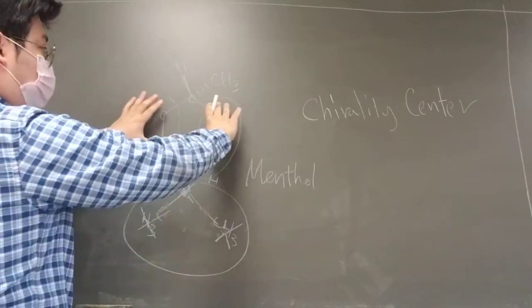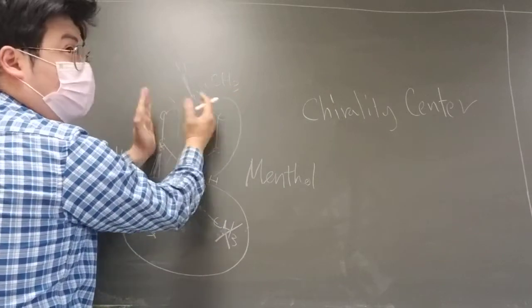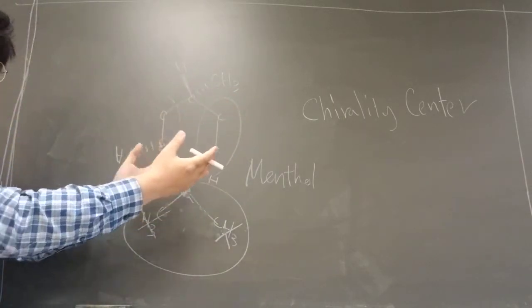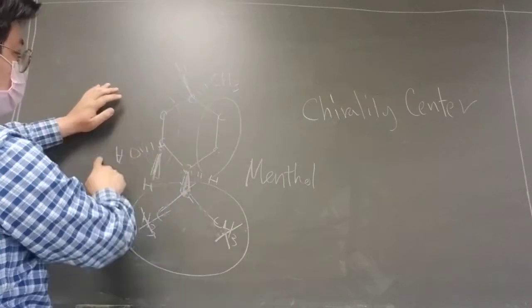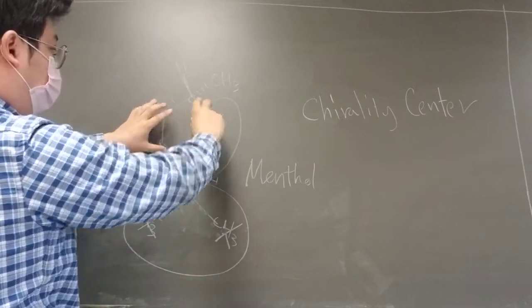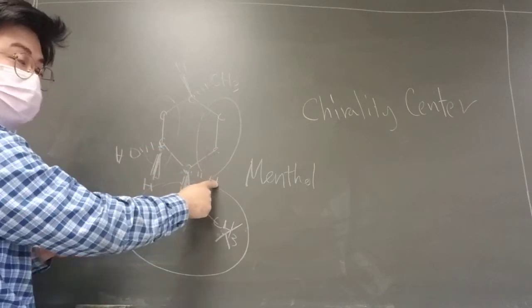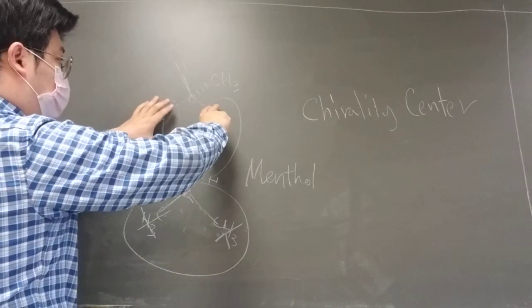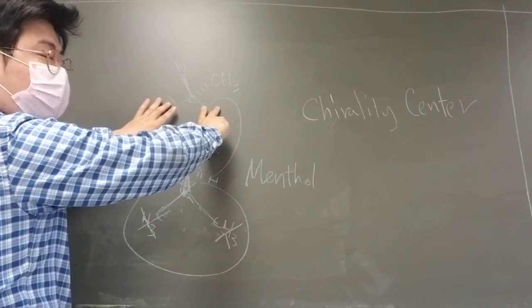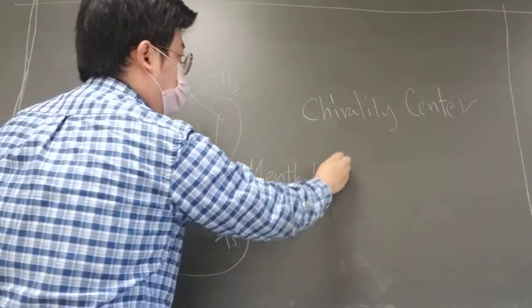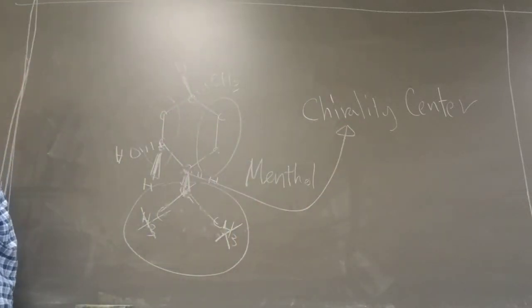They're not symmetrical here, so we can consider these two as different groups. Then it has four different groups: hydrogen, two different groups, and the ring, not symmetrical on both sides. So this is one chiral center.